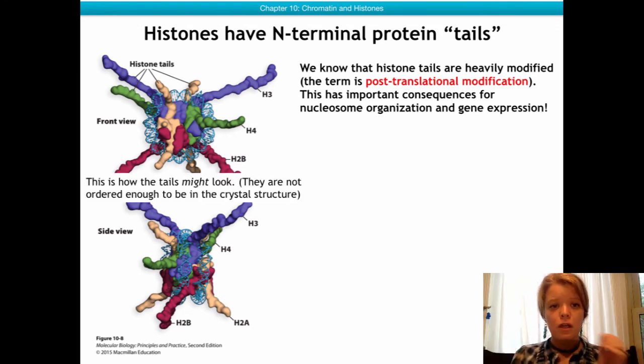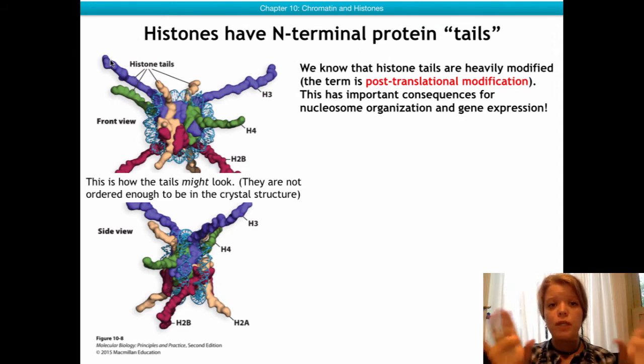And what I would like for you to appreciate is what X-ray crystallography can or cannot show us. This is how the histone tails might look, but because they're so flexible and mobile, you cannot fix them inside a crystal structure.